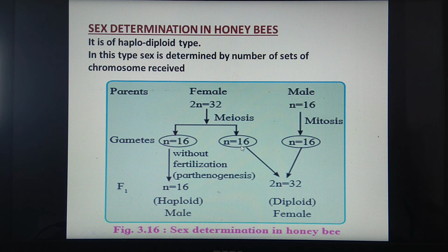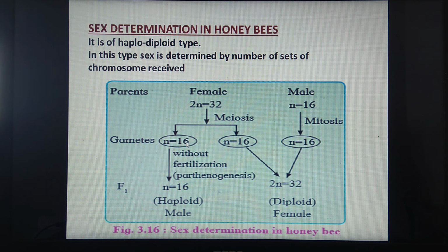When this ovum consisting of 16 chromosomes unites with sperm which also consists of 16 chromosomes, the resulting individual will consist of the diploid number of chromosomes, that is 2n is equal to 32. So here diploid condition is there, and as I already said, in honeybees diploid condition is in the females. Here one of the ovum is left.